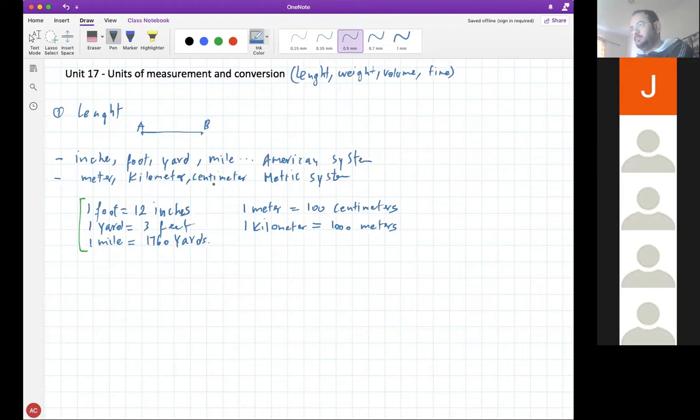What else? So meters to centimeters, kilometers to meters, and another one also that's used a lot, especially in measuring liquids. If you study nursing or medical subjects, usually they use... actually, that's for volume.